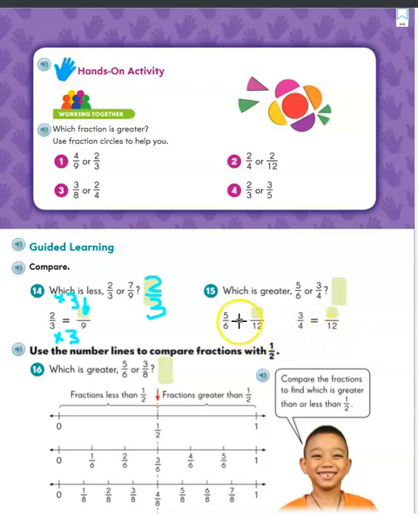So we need to get this 5/6 to have that denominator of 12, and we need to have that 3/4 have the denominator of 12. So we know we need to multiply that 6 times 2 to get 12. So if we do that to the denominator, of course, we're going to do the same thing to our numerator. So 5 times 2 is 10.